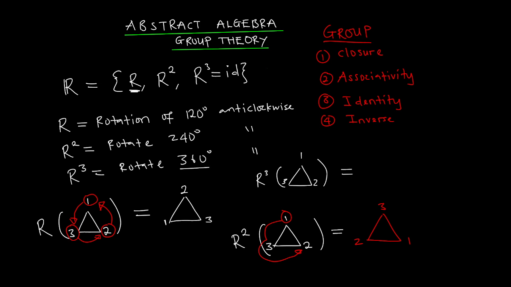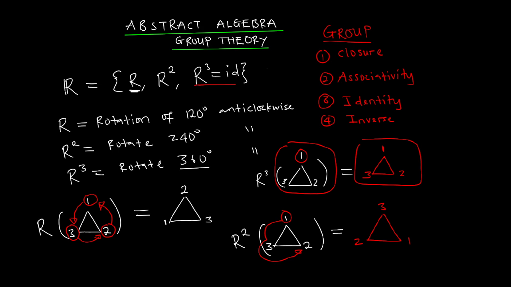So what do you think would happen to the 1? This 1 would move 1, 2, 3. Look at that. It goes back to its starting position. And then 3 would move 1, 2, 3. 3 would also go back to its starting position. And then 2 would also go back to its starting position. So look at the triangle that we had. It's exactly the same as the triangle that we started with.